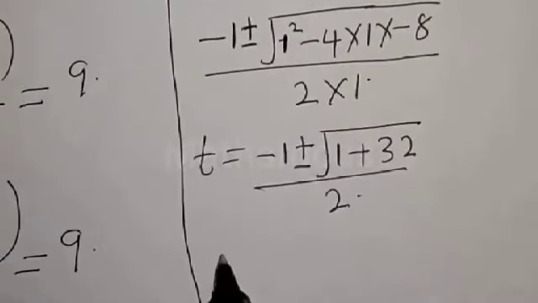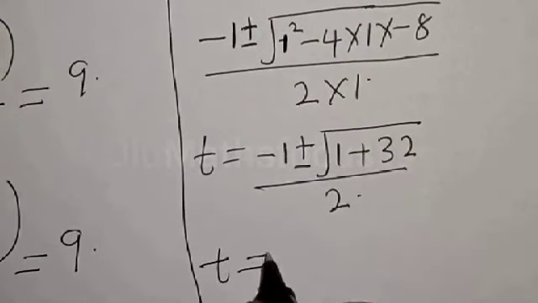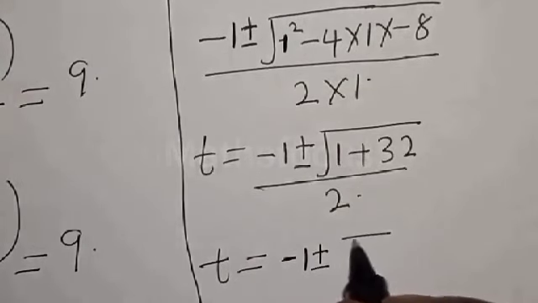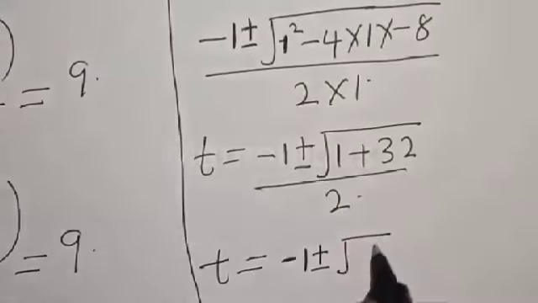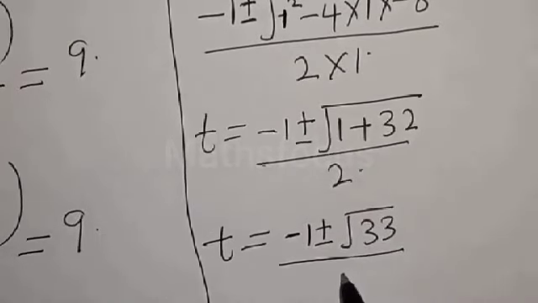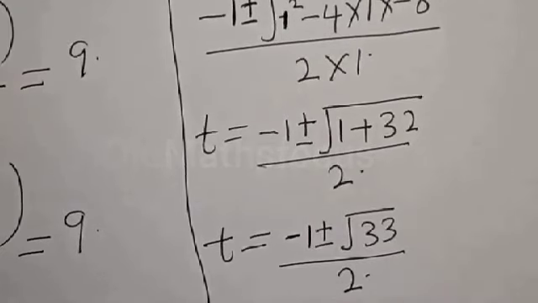Then we have t is equal to minus 1 plus or minus square root of 1 plus 32, that is 33, divided by 2.